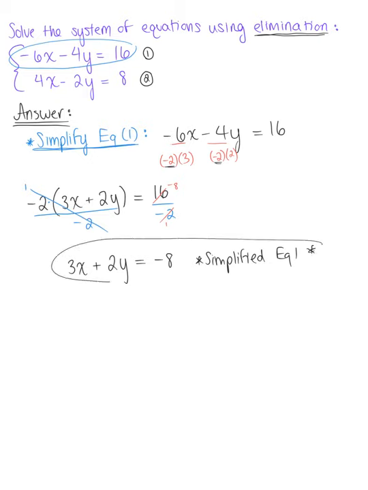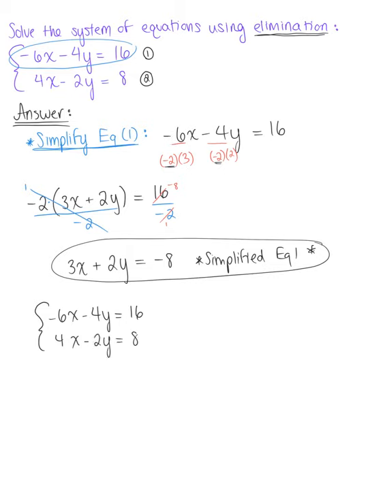So what we've shown is that our given system, minus 6x minus 4y equals 16, and equation 2, which we haven't touched, we could simplify that as well, but we'll see momentarily why we have not.